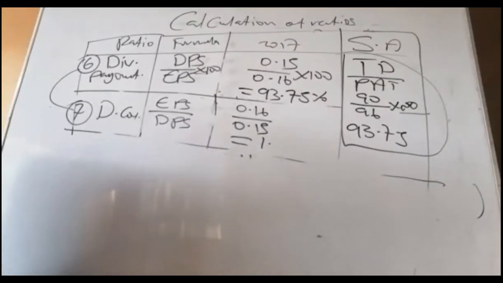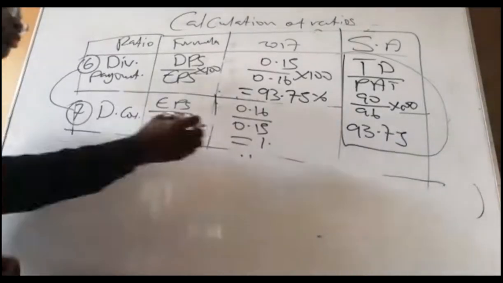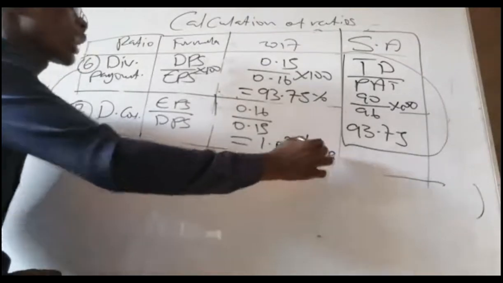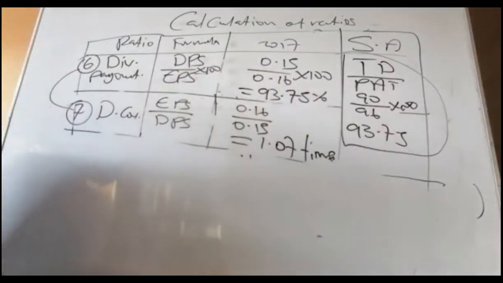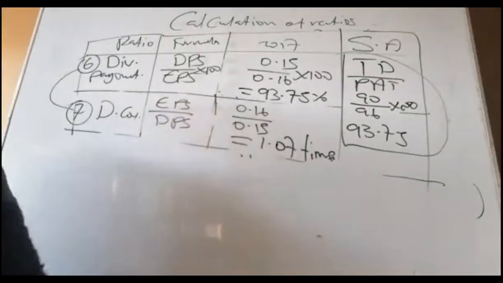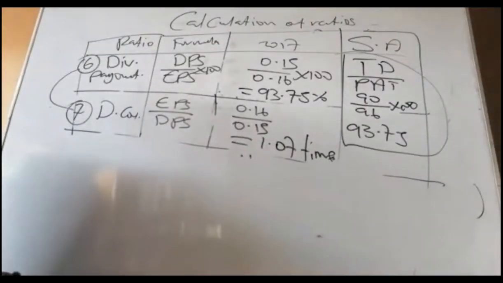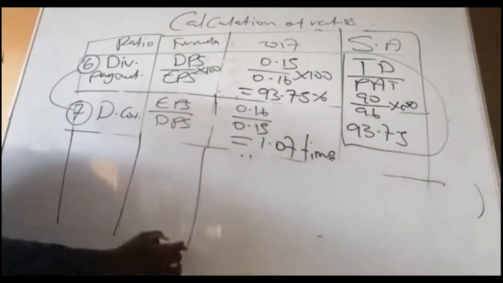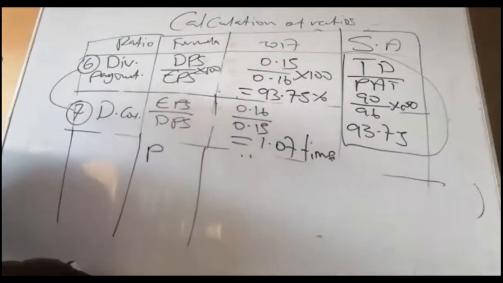That's 1.07 times. So that means the profit that you have made can pay the dividend 1.07, or 1.067, times.